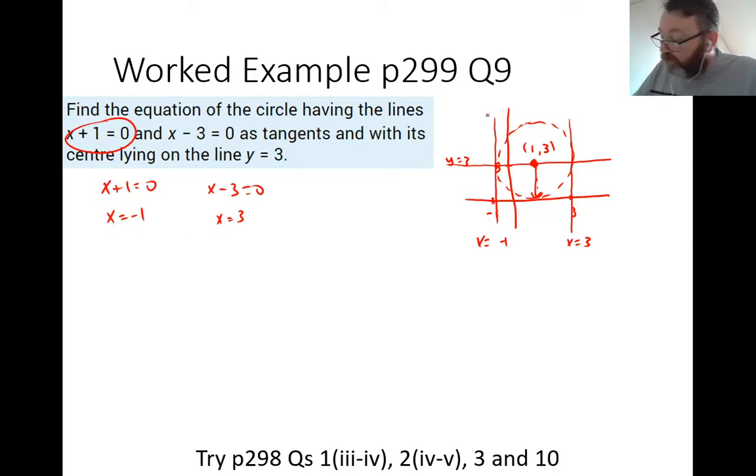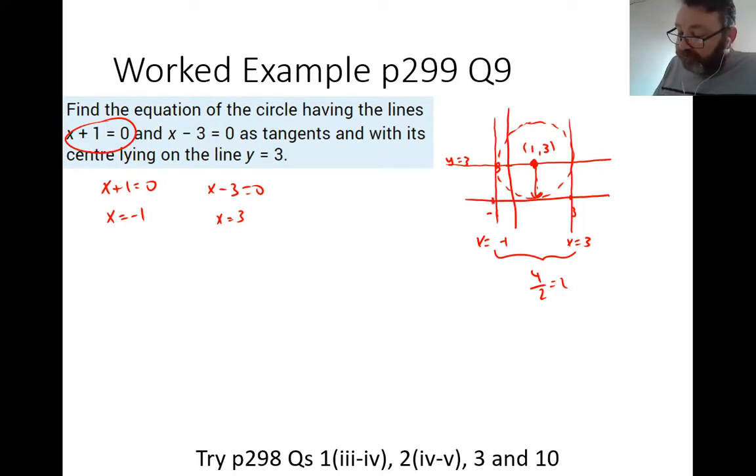Now, x equals minus 1 is a line that runs through minus 1 on the x-axis, and x equals 3 is a line that runs through the value 3 on the x-axis. So if there are 4 units between those two, then the middle of that, where the actual centre of the circle is, will be 2 units away from either end. So you could say it's 2 units down from 3, or it's 2 units up from minus 1. Either way, you're going to get the x coordinate of 1.